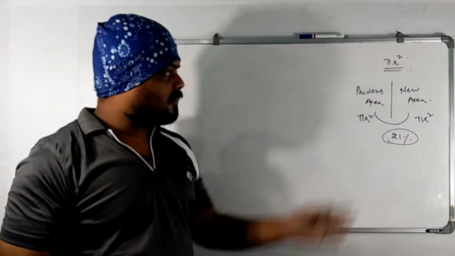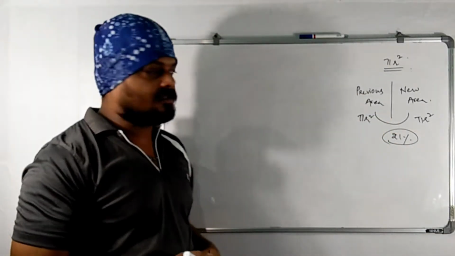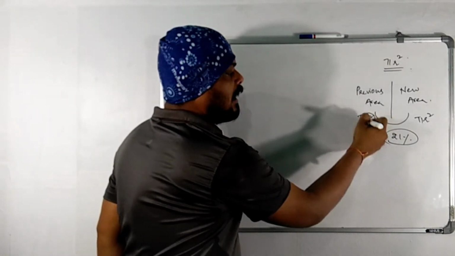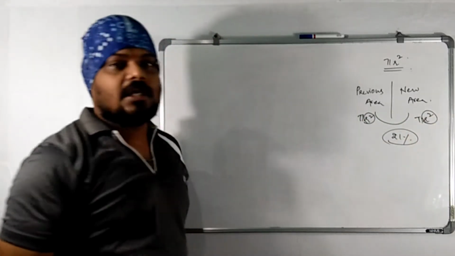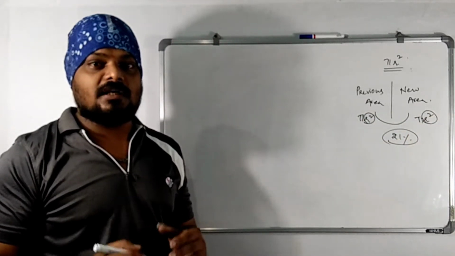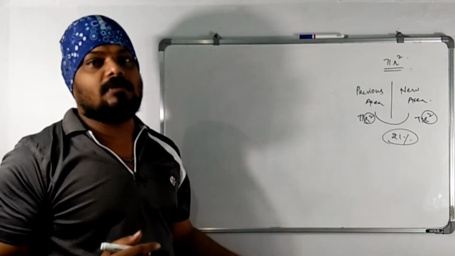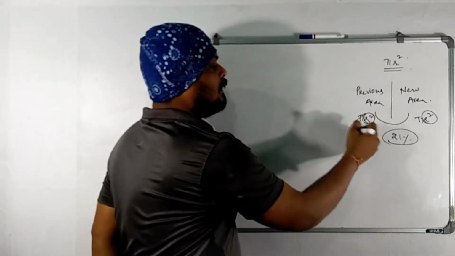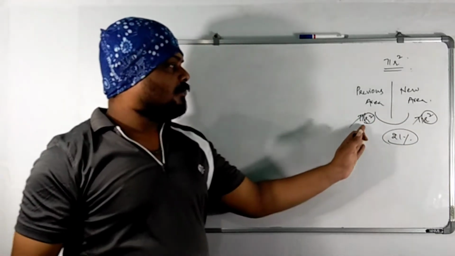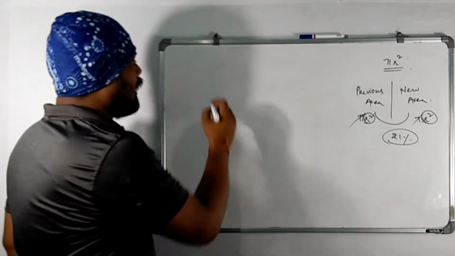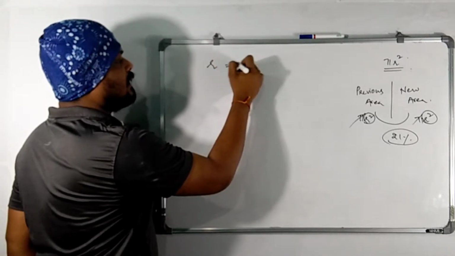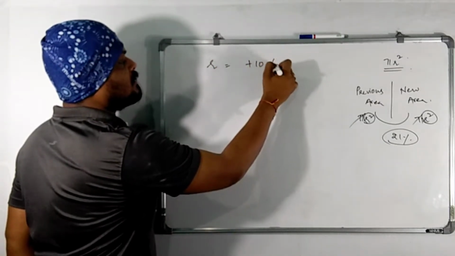What is the change in both of the conditions? The change is actually in the radius, not pi. Pi is a constant value. So if we cancel pi, we will get only r. One of the radius is increasing by how much? Plus 10%.